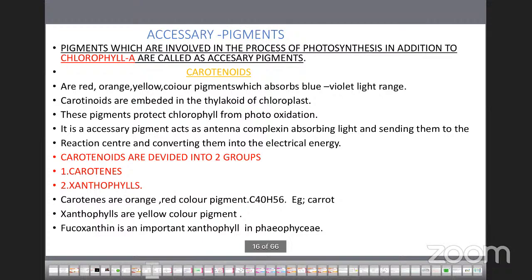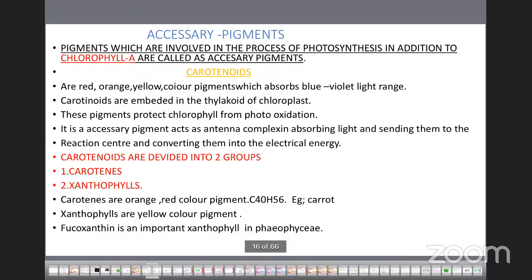That means other than chlorophyll A and B, there are some other pigments which help in transferring photons to chlorophyll A or B. Those pigments are called accessory pigments.